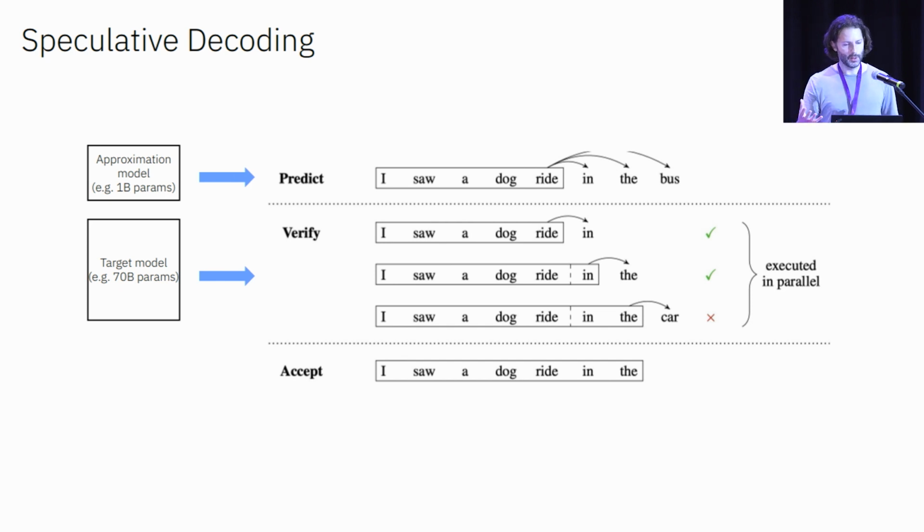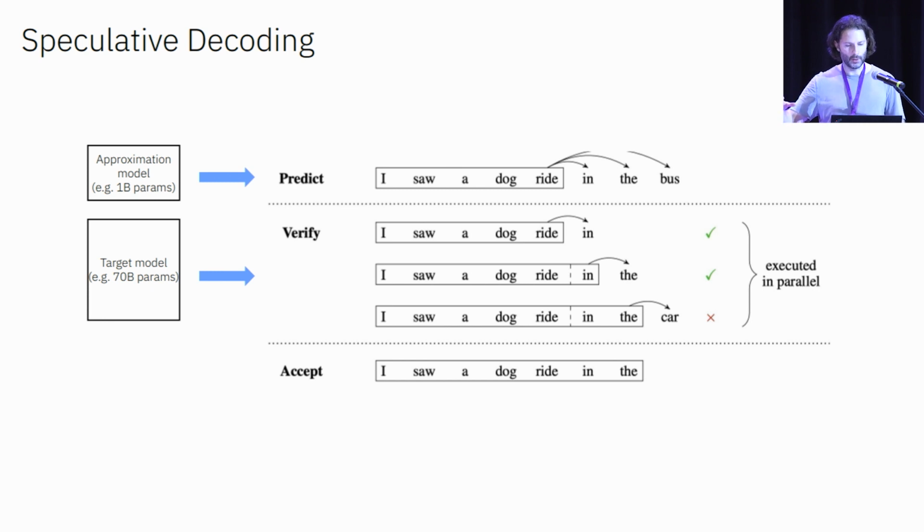And so what you can do is use a small model to predict a bunch of tokens into the future, and then use a larger, more accurate model to verify those. The nice thing is, because you process all the tokens in one go, you can verify a batch of tokens. Instead of having to wait for the next token, you can do the next 4 tokens, for example, together and see whether they would have been chosen by the large model.